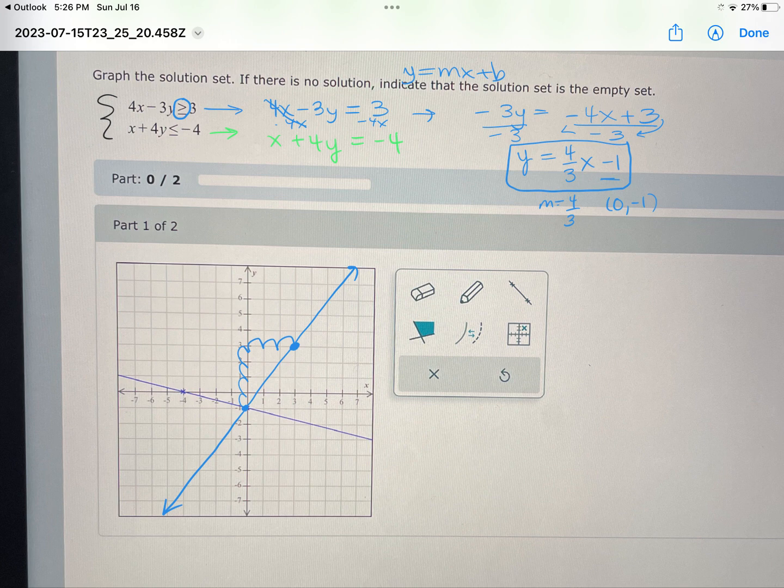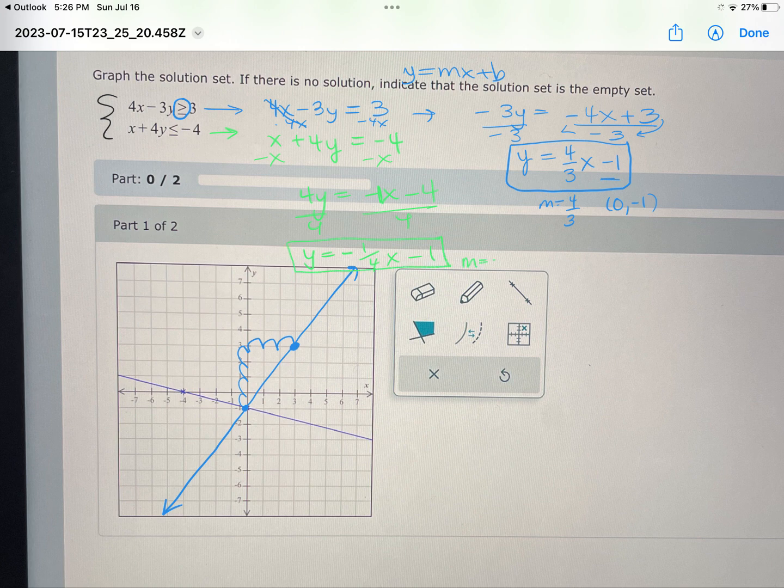For the second line, again, I want to put it in the form y equals mx plus b. I'm going to subtract the x to put the x's on the other side and write it first. Divide by 4, and we get y equals negative, really there's a 1 in front of x, so 1 over 4 x, minus 1. So again, that is my boundary.